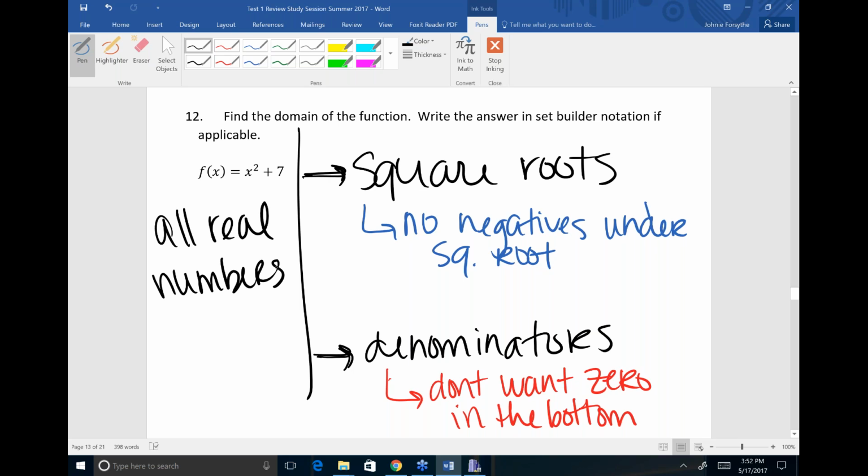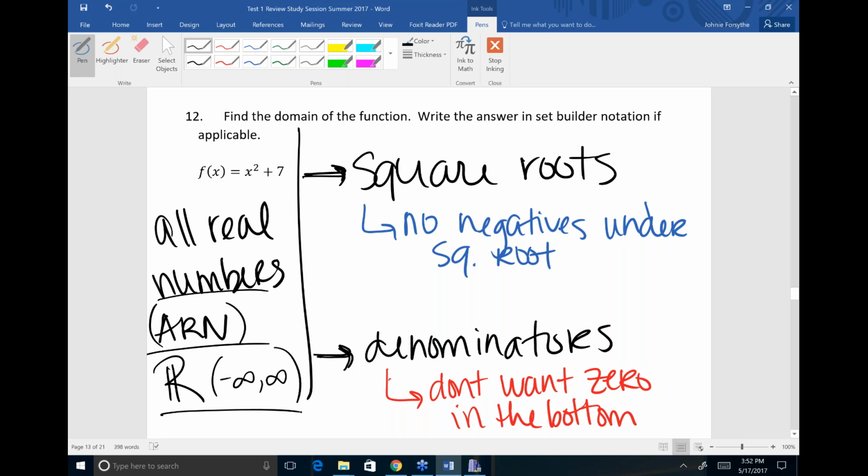I believe on the test you're going to type ARN to represent all real numbers. If you were writing on paper, a lot of times people use this symbol here, the R with the 2 lines. That means all real numbers. If you want to write that in interval notation, you would say negative infinity all the way to positive infinity. These are all ways of saying all real numbers. Basically, every single number in the real number system would work for this function.